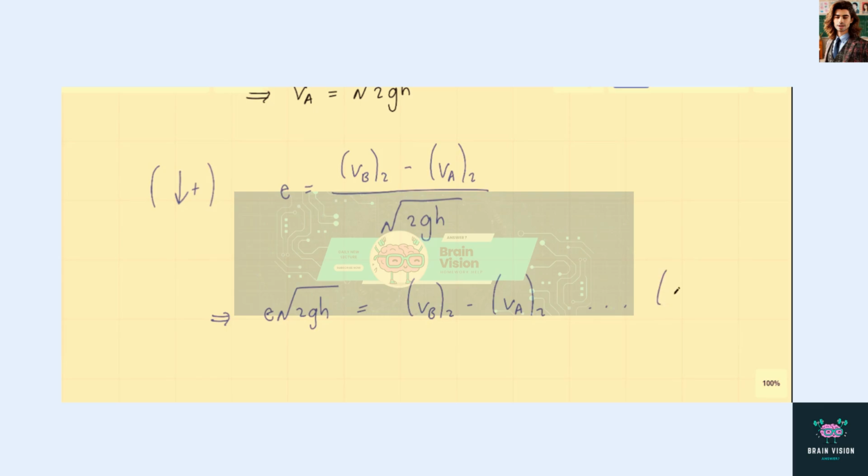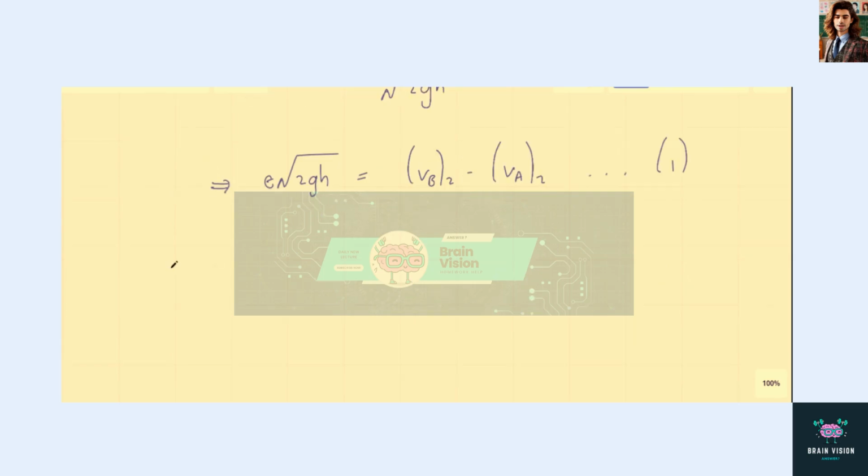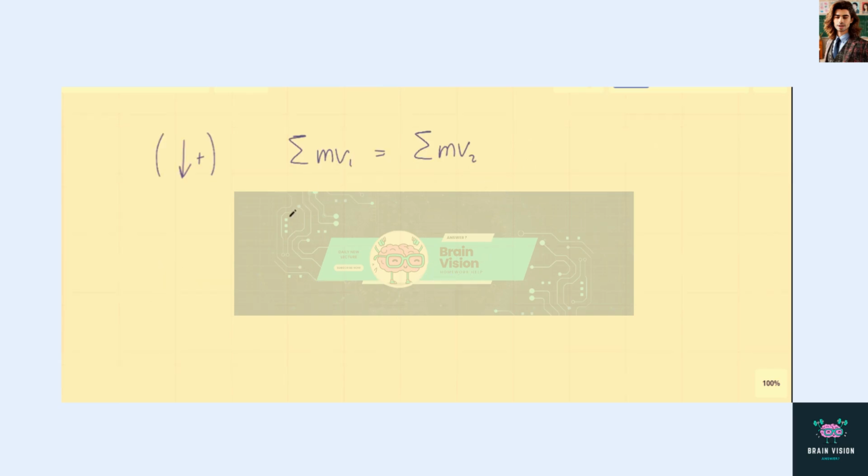So essentially we have two unknowns here, which are both the final velocities of the block and the plate. Now if we again take the downward direction as positive and apply the conservation of momentum, that is the momenta before the collision must equal the sum of the momenta after the collision. So initially we have momentum mVA.